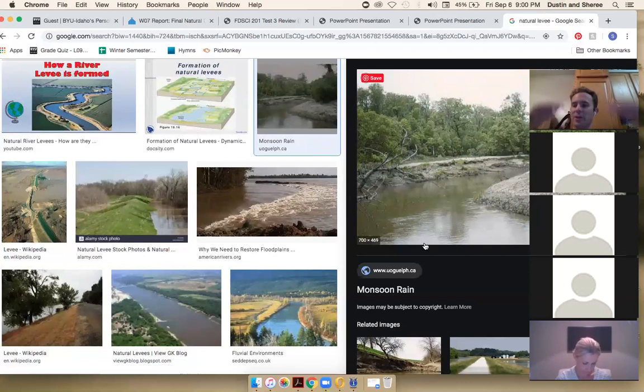And so that's going to deposit. Okay, and it's going to create these banks of mud, and it's going to build them up after every flood. So it's going to build these levees up naturally as it doesn't have the power to carry the mud. And so it's going to build these natural banks up the side.